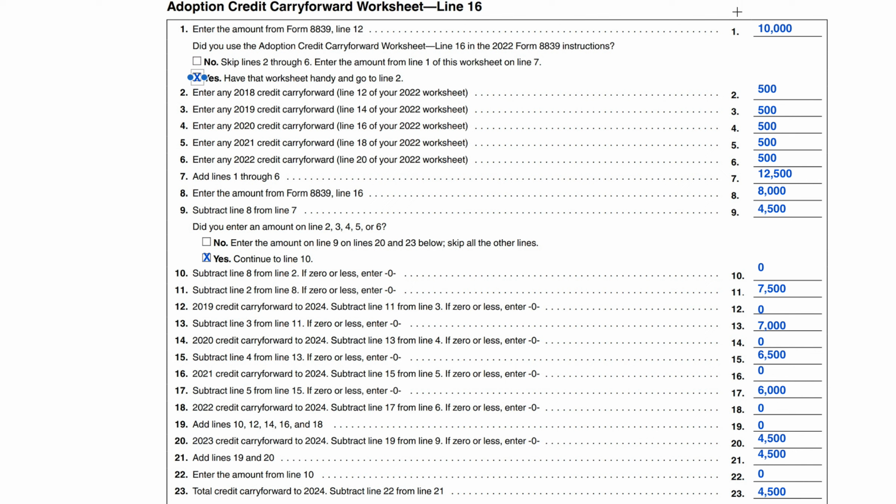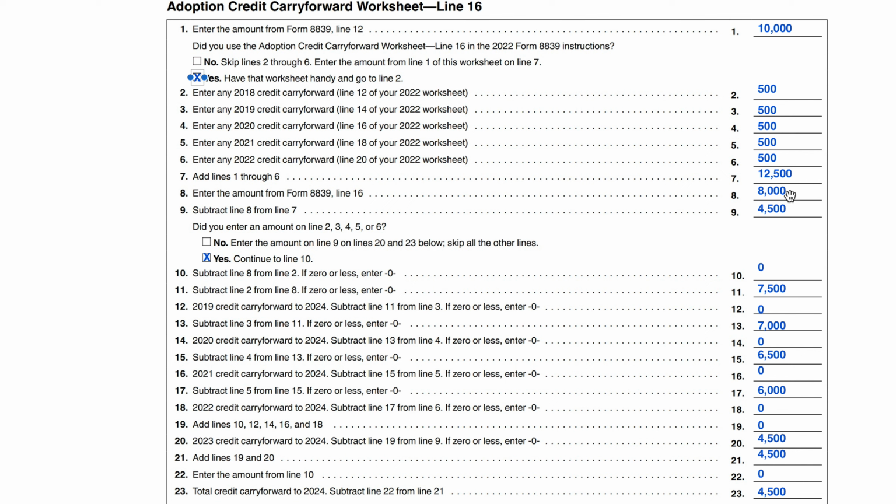We total all of those credits up. So between the carry forwards from prior years and the current year adoption credits, we have $12,500. In line 8, we're going to put the line 16 number. That's the actual adoption credit, which is, again, either the smaller of the calculated credits or the amount from line 5 of the credit limit worksheet.